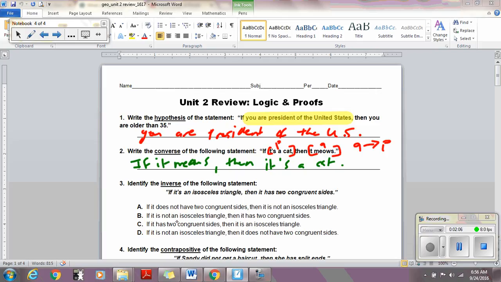Number 3 wants us to identify the inverse of the statement below. If it's an isosceles triangle, then it has two congruent sides. So first, let's identify P's and Q's. So P is it's an isosceles triangle. Q is it has two congruent sides.